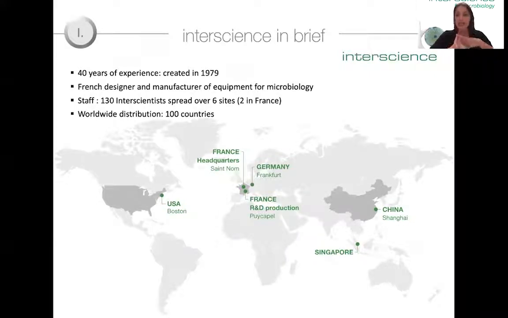And our R&D and manufacturing plant is in Puy-Capelle, which is in the south of France. And then going east to west here, we have offices in Shanghai, China, in Singapore, the latest one in Frankfurt, Germany, and then Boston, Massachusetts office that opened in 2002. From these sites, we export to over 100 countries.